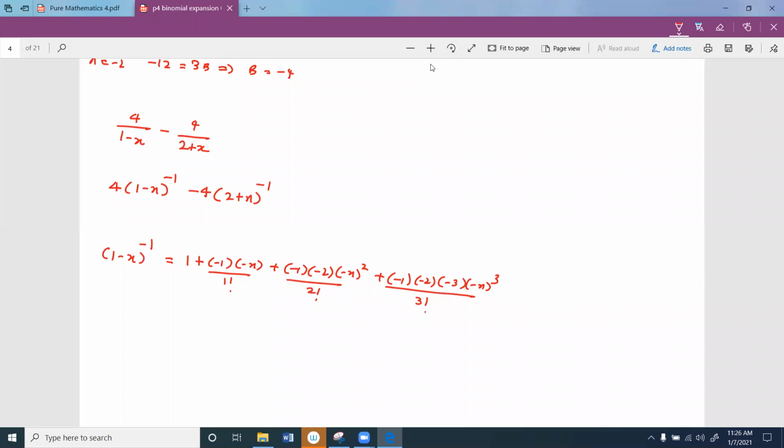So this turns into 1 plus x plus x squared plus x to the power 3, and it goes on. That's a way of getting this answer.